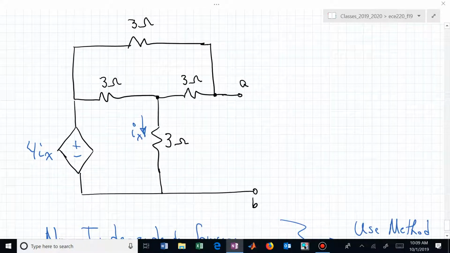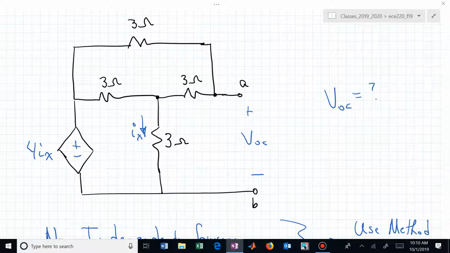So now if we use method 3 and we just reasoned what was our open circuit voltage? Is this source energized, or is this circuit energized?